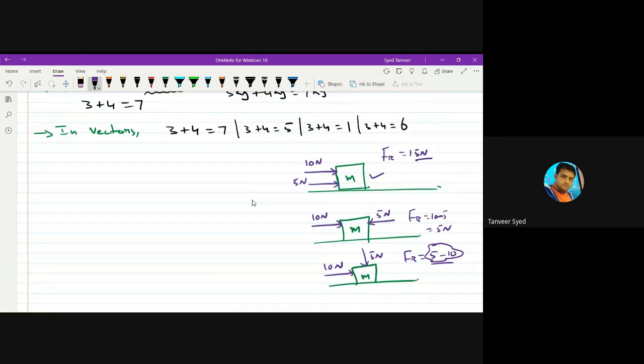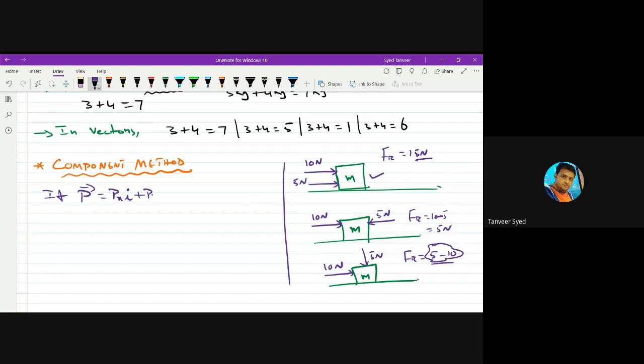Okay. Right. Now, if we try to understand how we add vectors by the component method, addition of vectors by component method. Simple method, component method of vector addition. Suppose I have two vectors, vector P, which is given as Pxi plus Pyj plus Pzk.